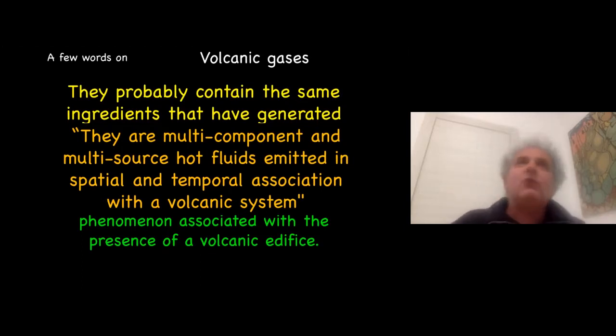It means that what we are going to get at the surface may not be representative of the pristine magmatic gases, because as the magmatic gases rise up to the surface, secondary processes may occur, a hydrothermal system, for example, or secondary processes related to water, rock, and gas interactions. So what we get at the surface could be something completely different with respect to what is emitted from a magma.